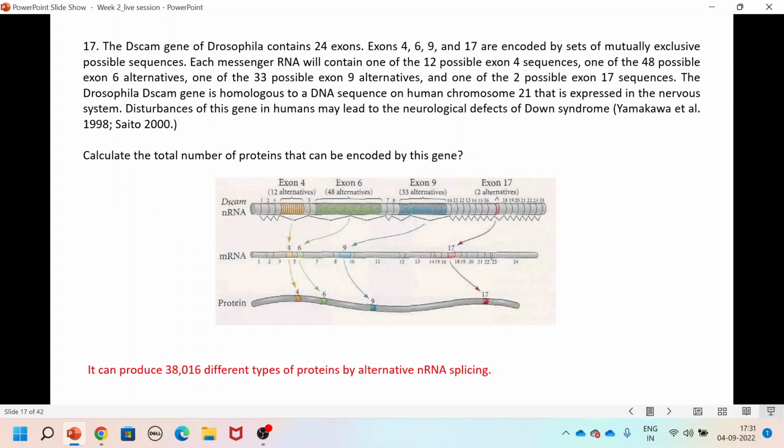Yes. Okay. So it can produce theoretically 38,016 different types of protein by alternative nuclear RNA splicing.